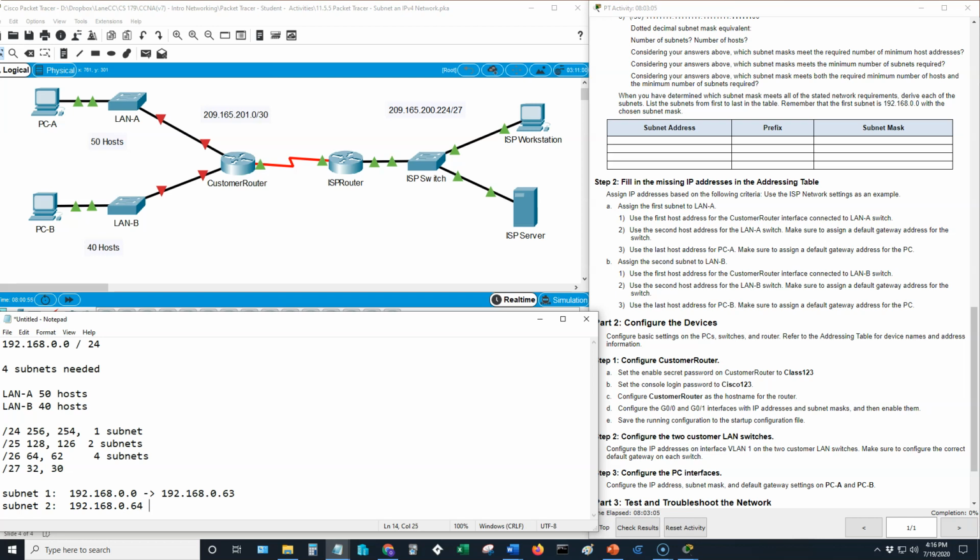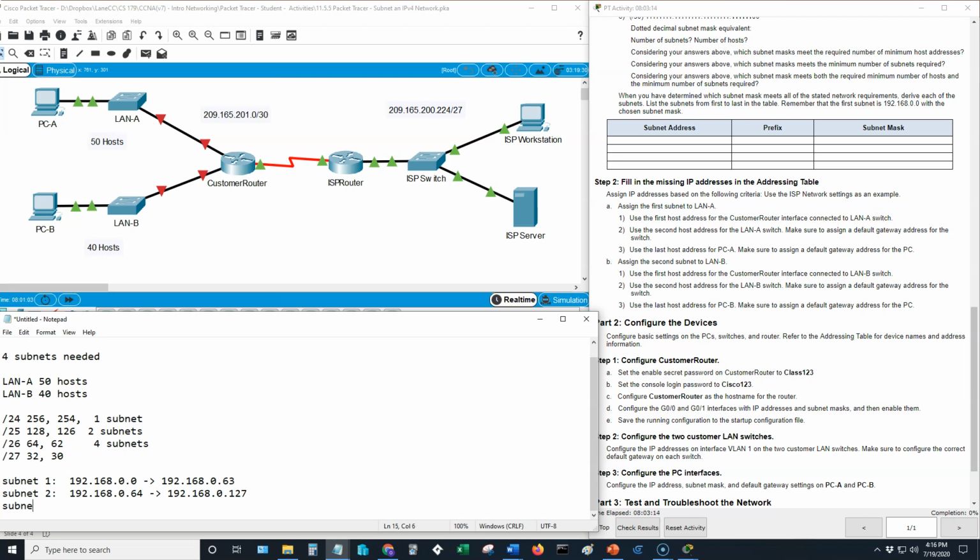192.168.0.64 through 192.168.0.127. Subnet 3, 192.168.0.128 through 192.168.0. And I don't remember, I think it's 191, but let me check.